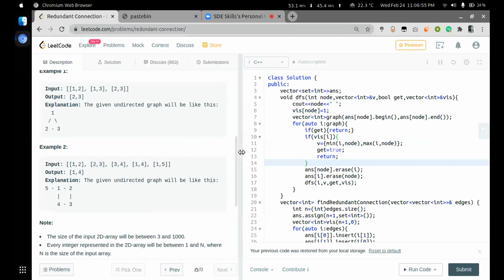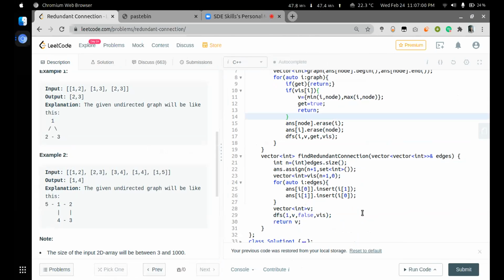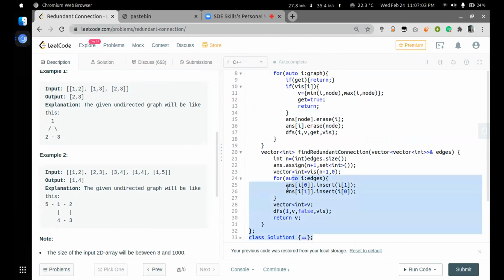Yeah, so in the normal adjacency list representation, we just add these edges to the adjacency list. But here, I've not used the adjacency list. I've used the adjacency set. So when we erase the value, it will take only log n time.